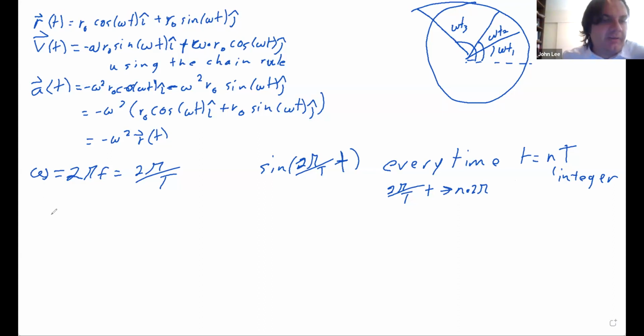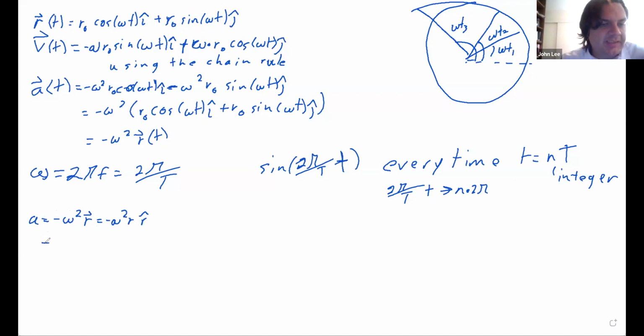We also found that A equals negative omega squared r, which is negative omega squared r in the r hat direction, where r hat is just the unit vector.